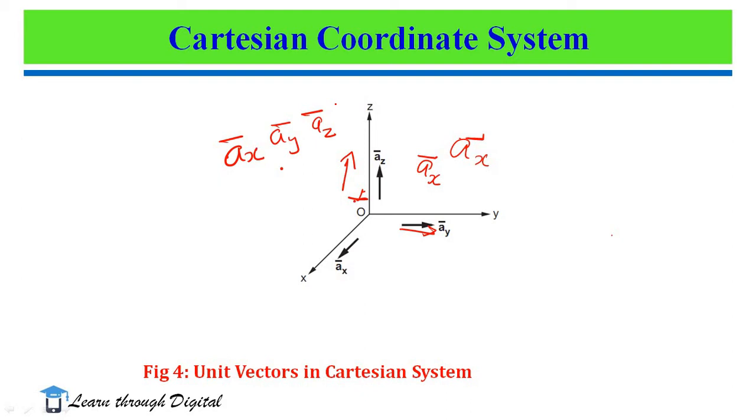What are the coordinate points? x, y, z. Therefore it is indicated as a_x vector, a_y vector, a_z vector. So the base vectors or unit vectors are very important in representing a vector in terms of its components along the three coordinate axes.